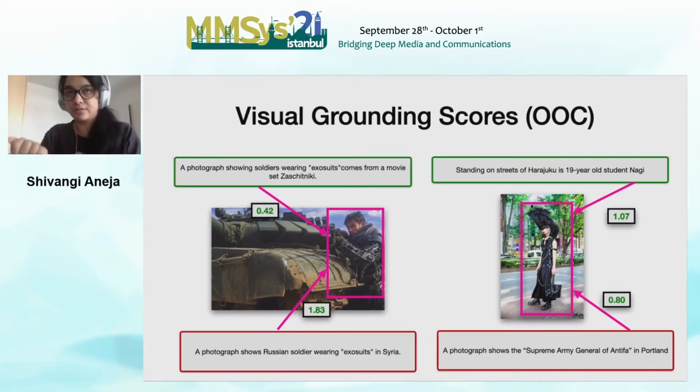So based on these kinds of patterns in the dataset, we came up with a heuristic rule to do the classification for out of context and not out of context.